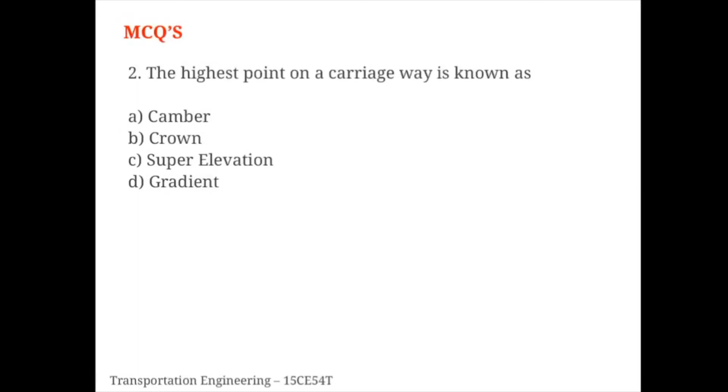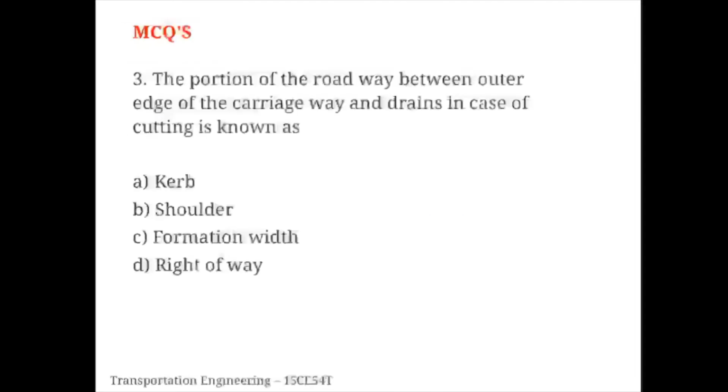And the next question is: the highest point on a carriageway is known as crown. The portion of the roadway between outer edge of the carriageway and range in case of cutting is known as. What is that? Exactly, that is shoulder.